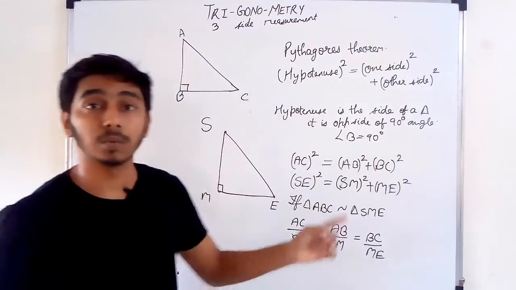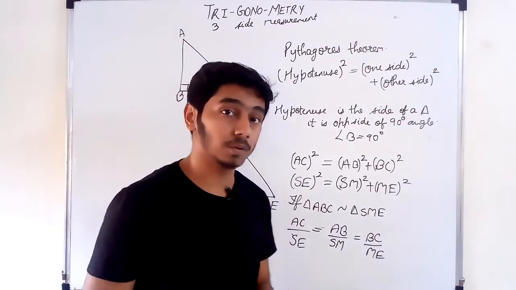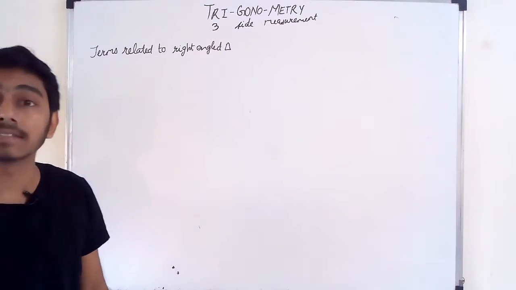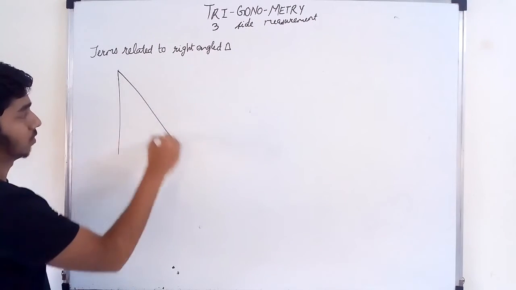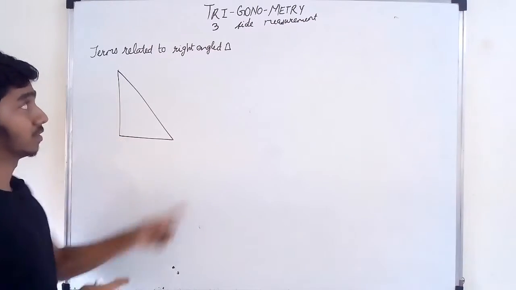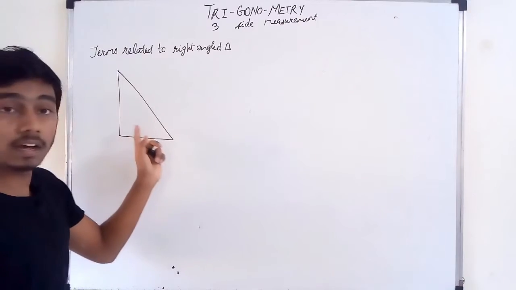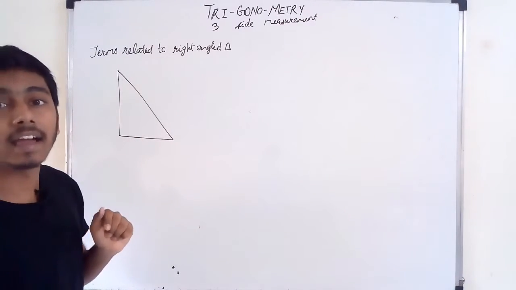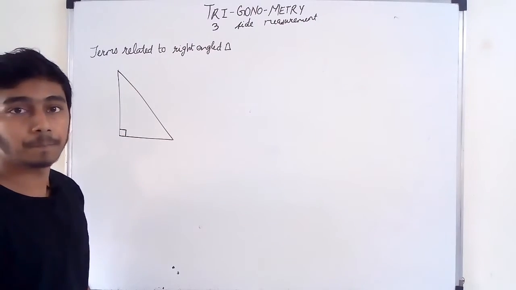To continue with the chapter, let's see the other things now. So we'll see the terms related to right angle triangles. First of all, right angle triangle means there is a triangle where one of the angles is a right angle, meaning one of the angles is 90 degrees.